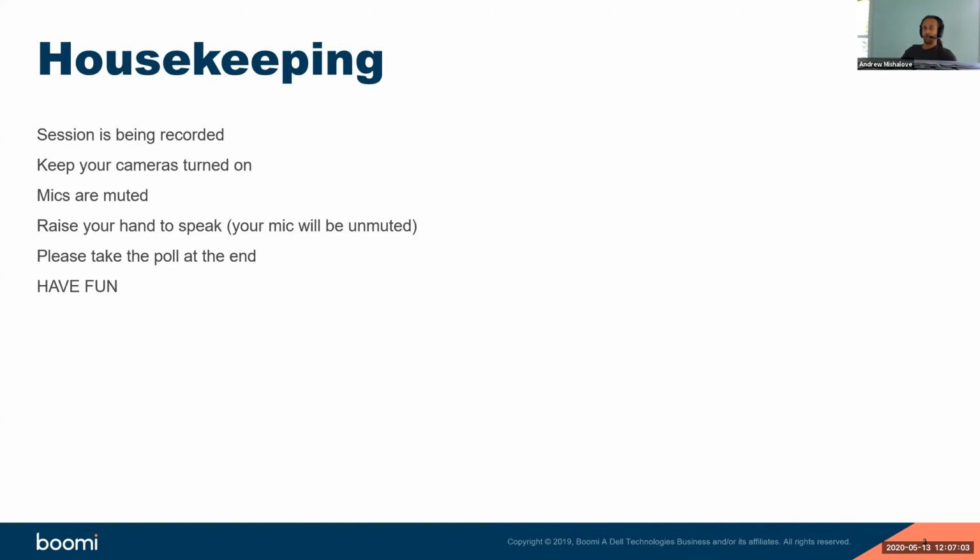Next, keeping your cameras turned on. I reached out to Zoom pretty quickly after we went into hiding to find out what the capacity was. Is it really going to screw up our bandwidth if we have 50 or 100 or 150 people with video turned on? The bottom line, according to them, is that the platform is able to handle multiple concurrent connections using video up to, I think, 300 or 400.